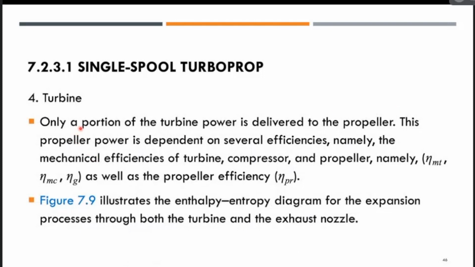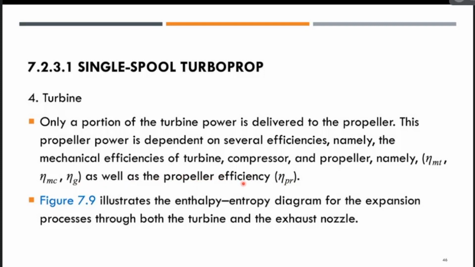Moving into the turbine, only a portion of the turbine power is delivered to the propeller. This propeller power is dependent on several efficiencies. We have the mechanical efficiency of the turbine, zeta MT, the mechanical efficiency of the compressor, zeta MC, as well as the propeller efficiency, zeta PR.